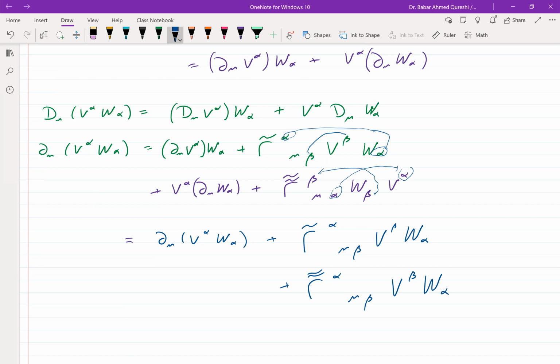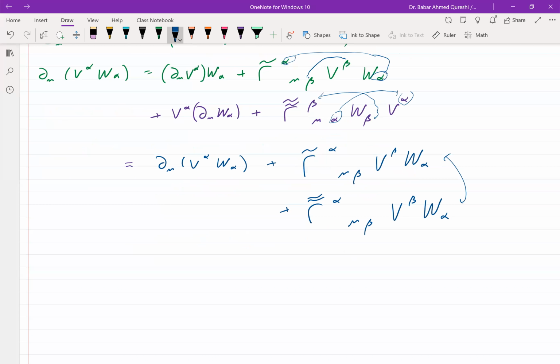I have just, in the second term, replaced betas with alphas so that these two guys look the same. Now they are the same, so this should be 0.